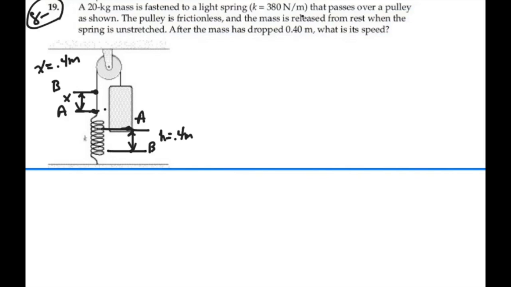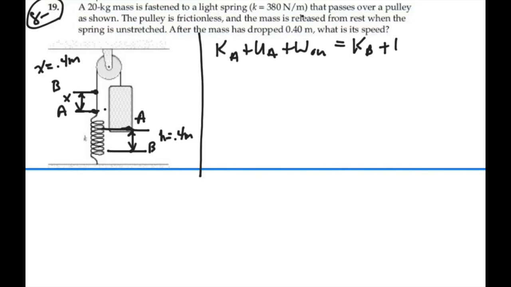Alright, let's compare A and B and apply our one equation to rule them all. We have that the kinetic energy at A plus the potential energy at A plus any work done along the way should equal the kinetic energy at B plus the potential energy at B. Now we're going to define our gravitational potential energy at B to be 0.